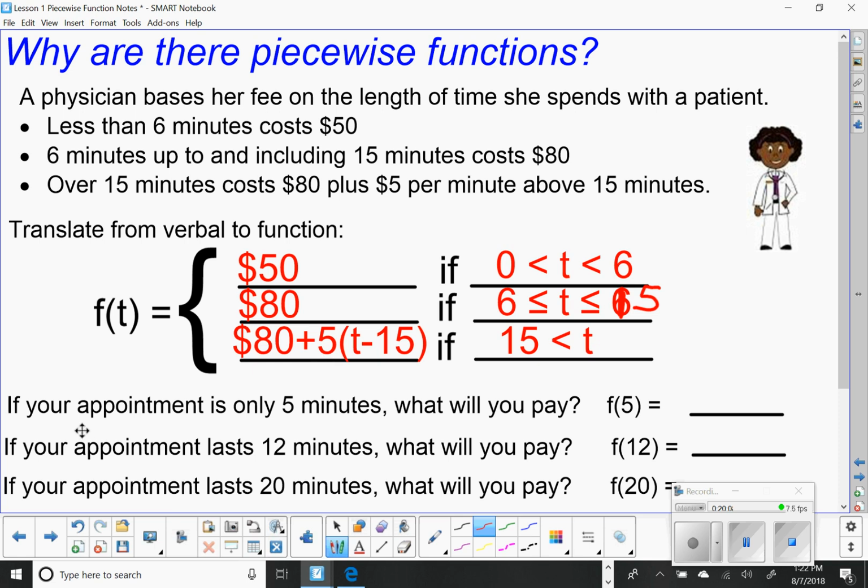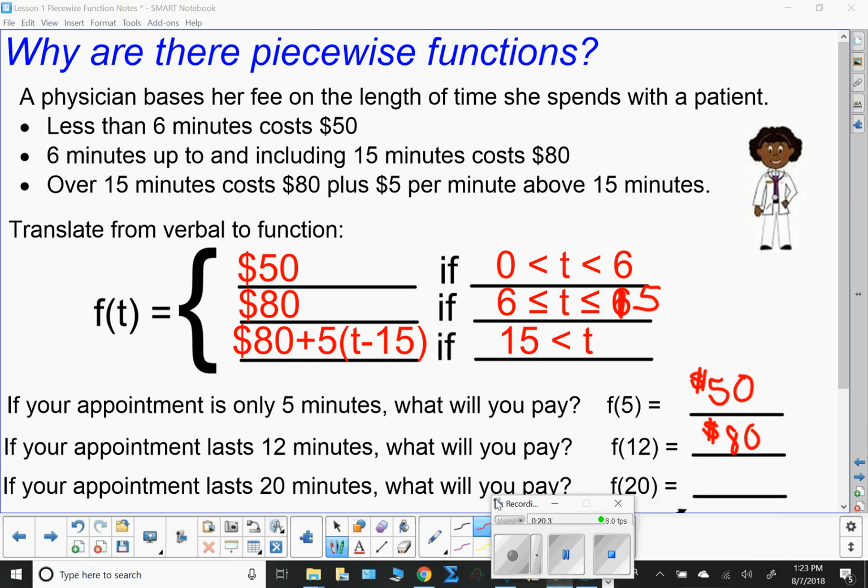Now, questions? You are now the office worker, and somebody's appointment was only 5 minutes. How much will this person pay? Well, this person will pay $50. 12 minutes. 12 is between 6 and 15. So this person will pay or owe $80.